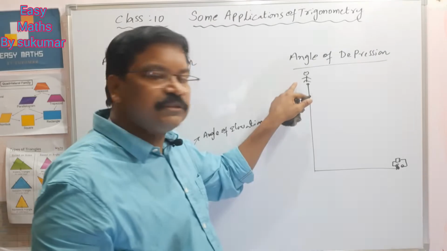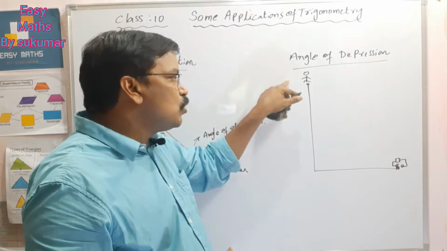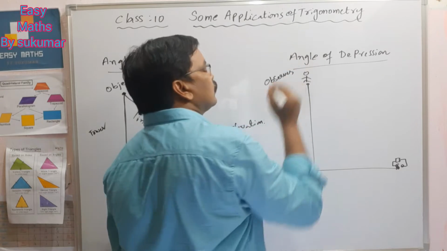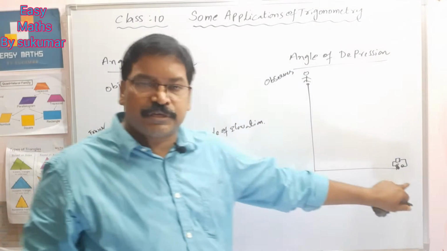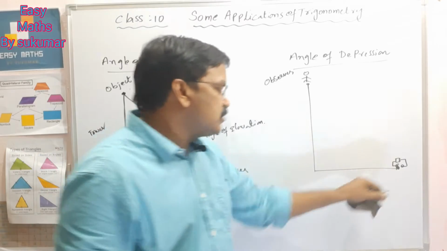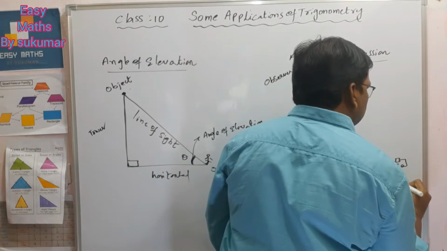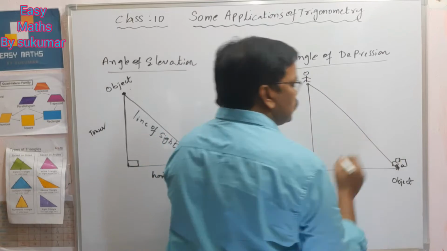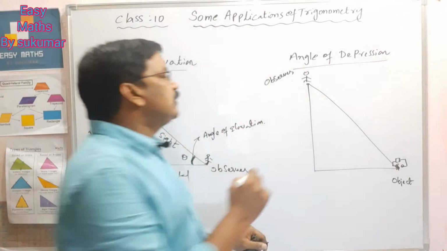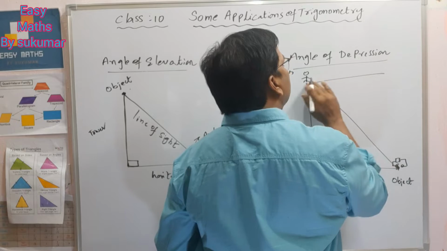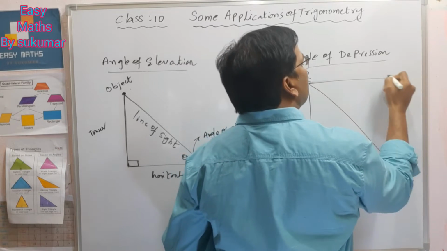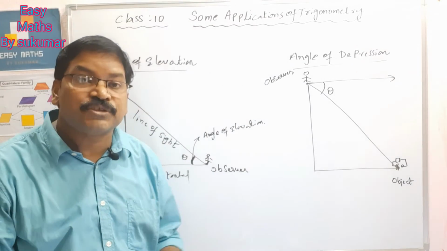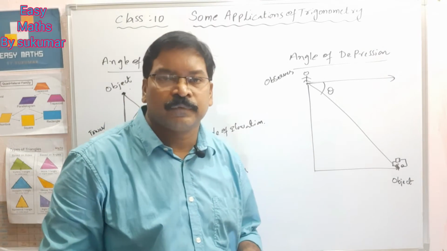You are here at the top of the building, that means you are the observer. One who is observing an object is called the observer. This is the object. This car is parked on the ground. This is the horizontal line. So this angle is called theta, that is angle of depression.